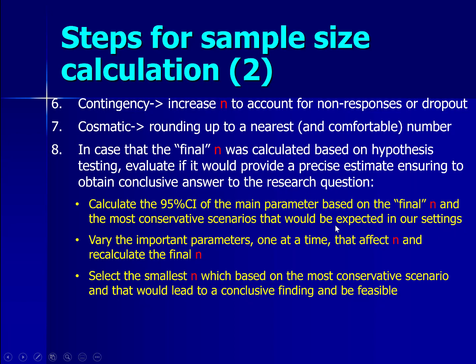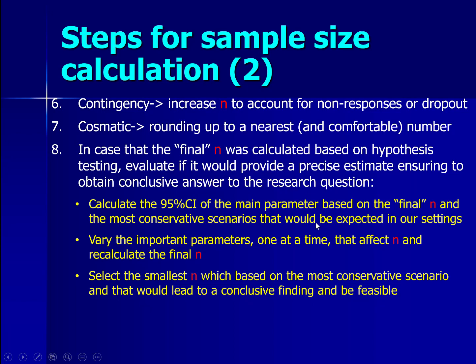For example, the size of the effect, like what is the mean weight in the two groups, especially in the control group, and what is the standard deviation of the weight.